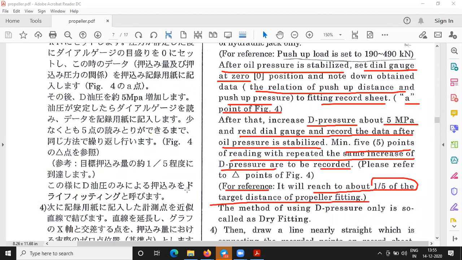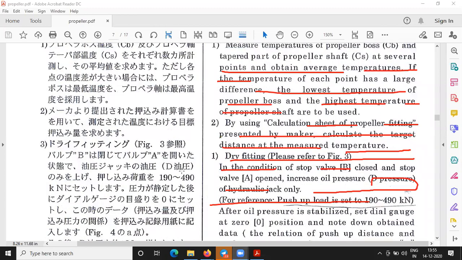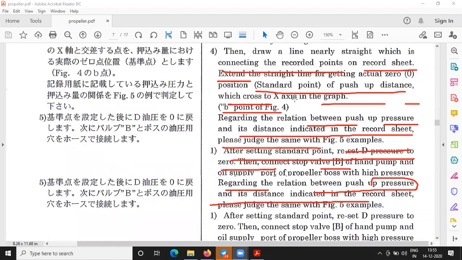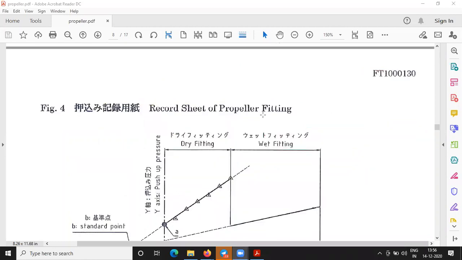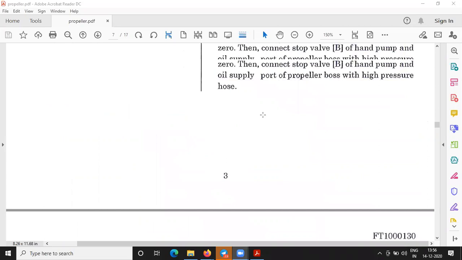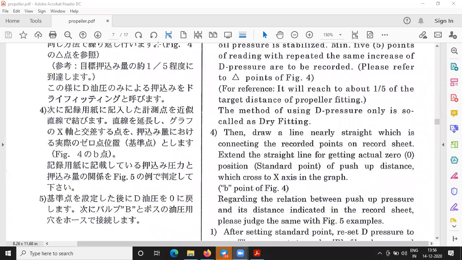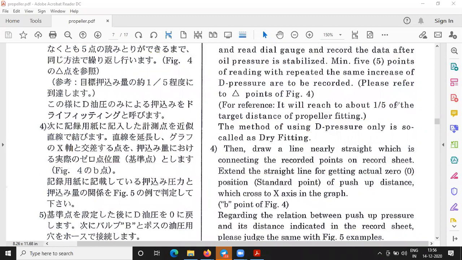That means in the dry fitting, suppose you want to insert a distance of 20, you will go for 1/5. 1/5 of 20 is 4 mm, and the 16 mm you will push by using the wet method. Followed? Yes, sir. So this distance we have read from the temperature graph, right? Yes, sir.